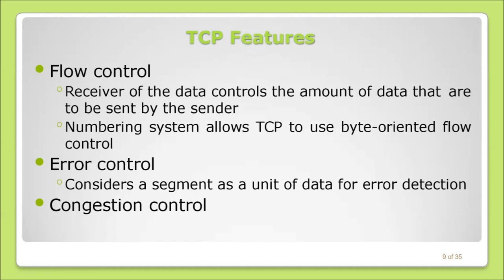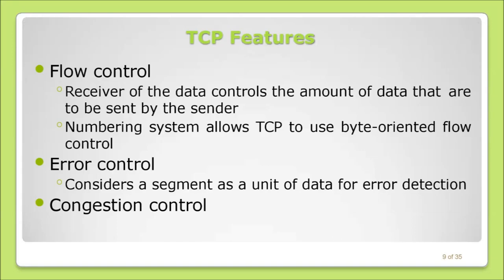Basically, when the sender sends data towards the receiver, the receiver has some limited capacity or buffer size. If that capacity is filled, the next data bytes can't be received by the receiver, so TCP provides the feature of flow control.